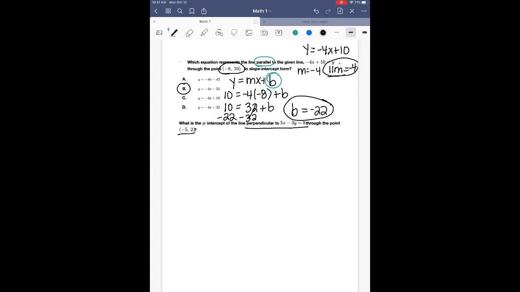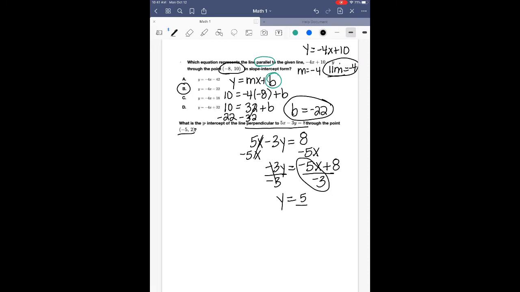All right, well, it's the y-intercept that has to be perpendicular to this equation and through that point. Well, in order to determine the perpendicular slope, we first need to figure out the original slope. Well, we can't figure out the original slope if we don't solve for y. So I'm going to subtract 5x. So 3y equals -5x plus 8. And I'm going to divide by -3.